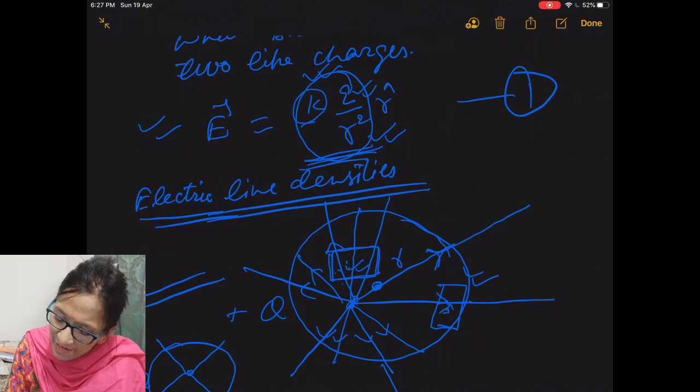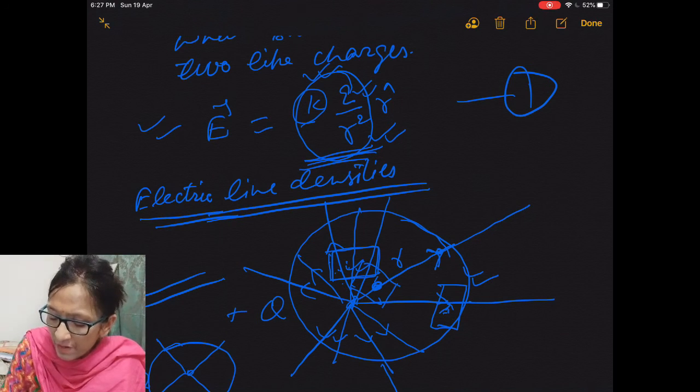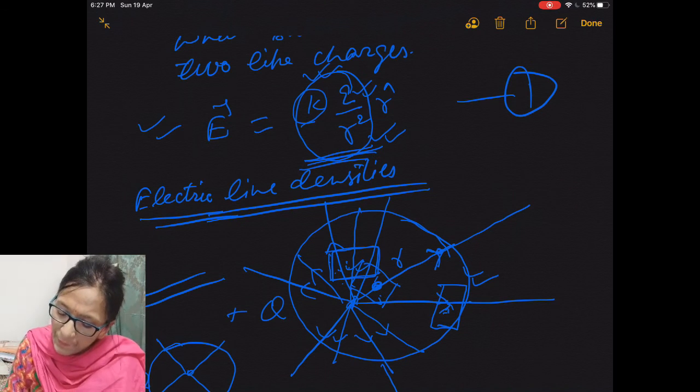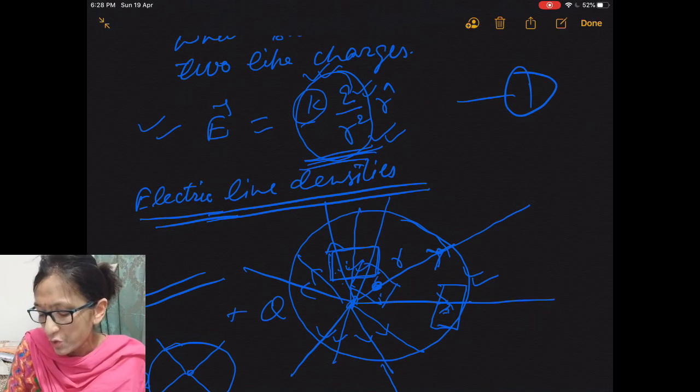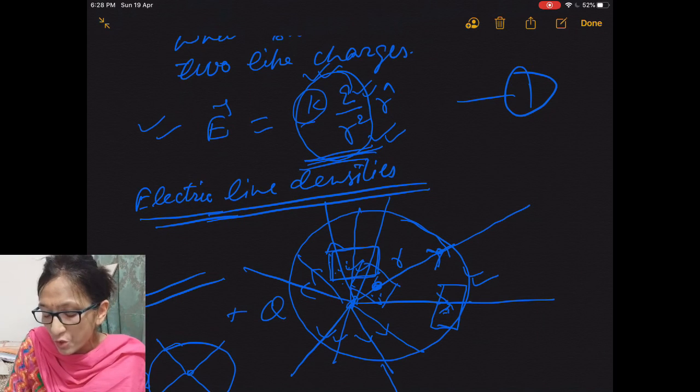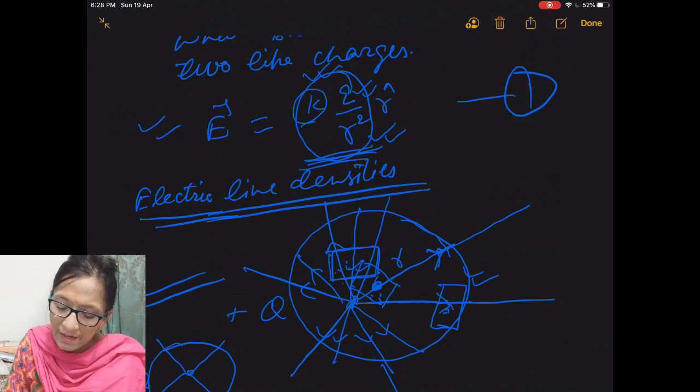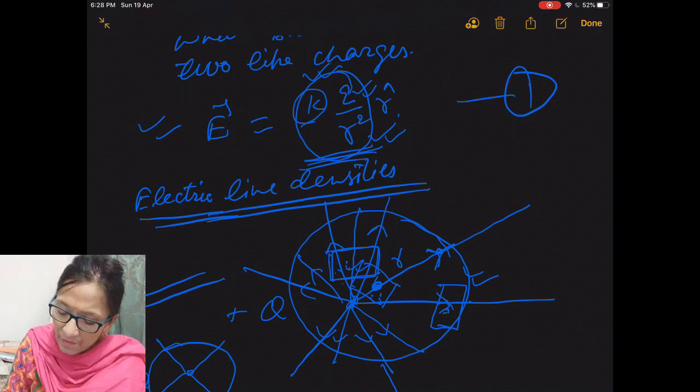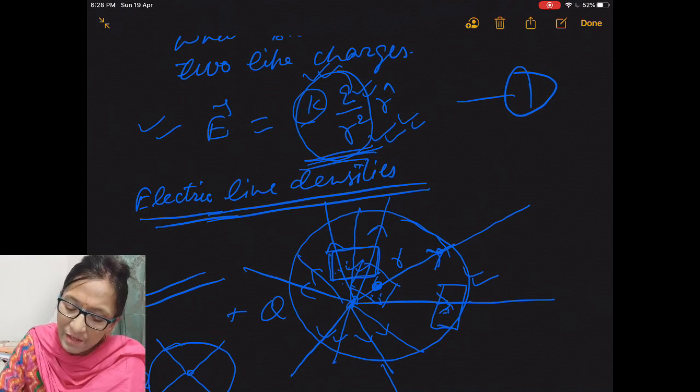Suppose at this very point in this figure, I will ask you where the electric field is more, here or at a further point, and you will say that electric field at this point is stronger, as the electric field line densities are more over here, and the arrow sign gives direction.